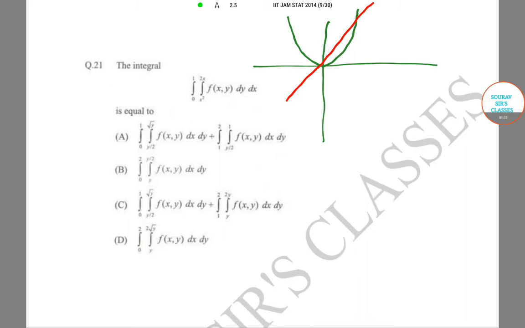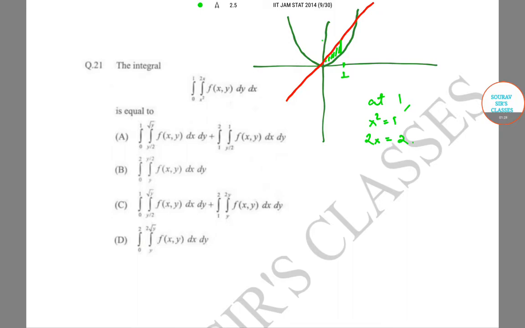So at 1, x squared equal to 1, 2x equal to 2. So let 1 be somewhere here. Now this is the area that we are talking about in the problem.